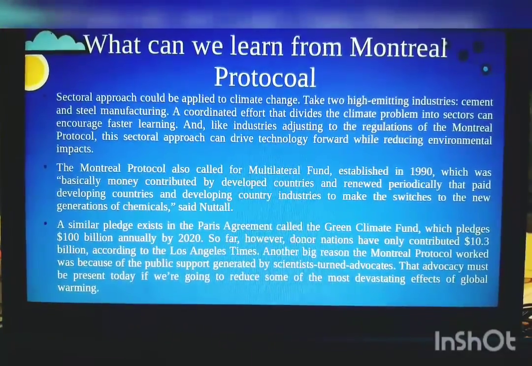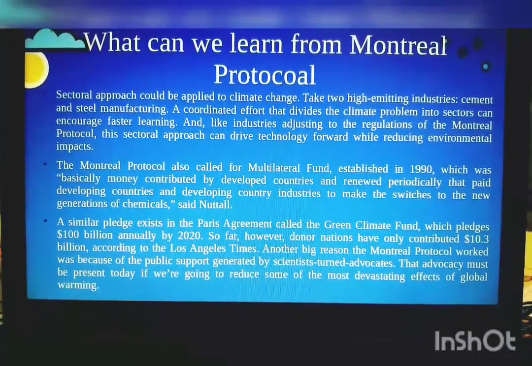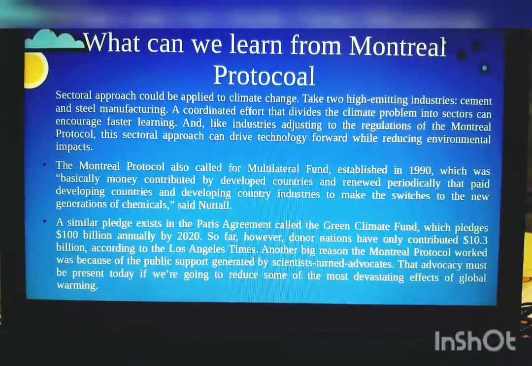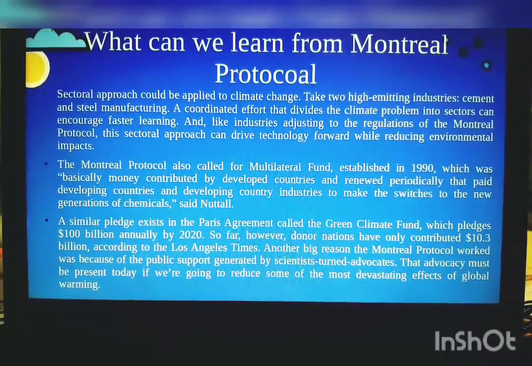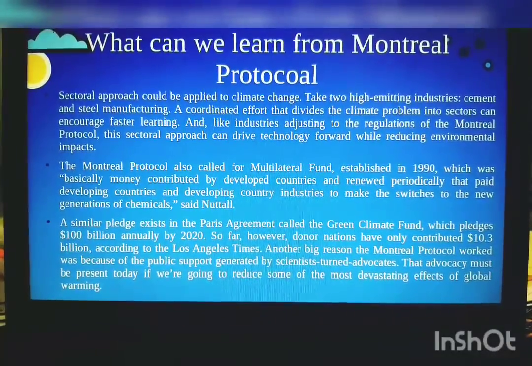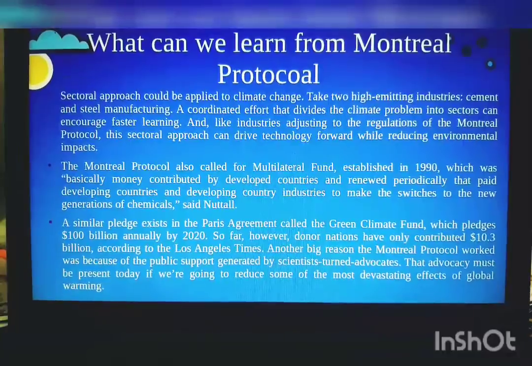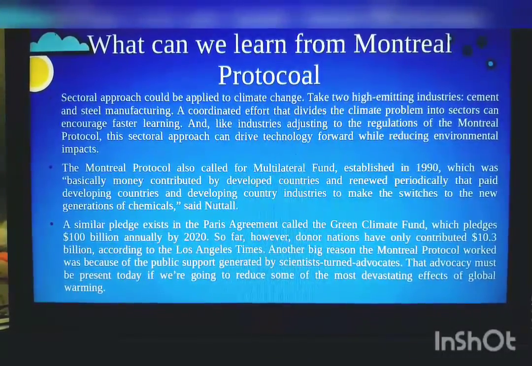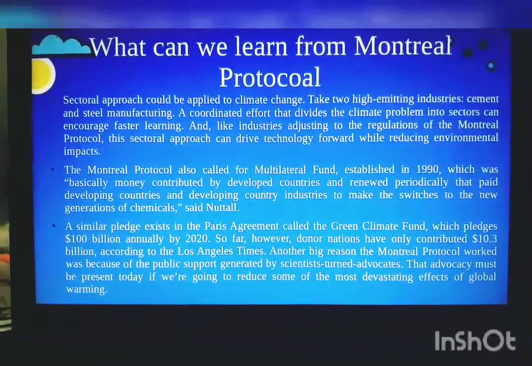The Montreal Protocol also called for a multilateral fund, established in the 1990s, which was basically money contributed by developed countries and renewed periodically to help developing countries and developing-country industries make the switch to new, greener generations of chemicals.